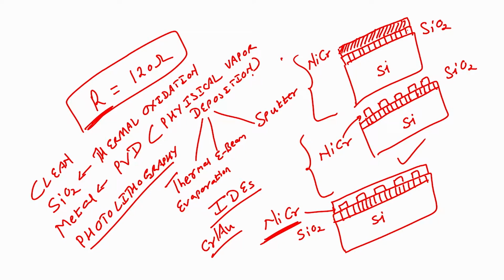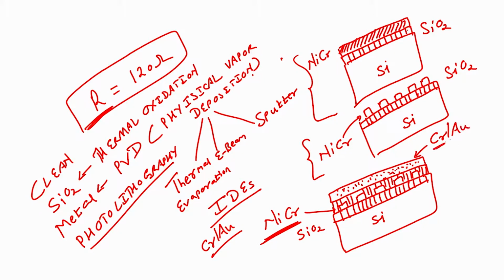That is why I have to again deposit silicon dioxide as a sandwich layer on top of my heater, and then on this I will deposit a metal, which is my chrome gold.